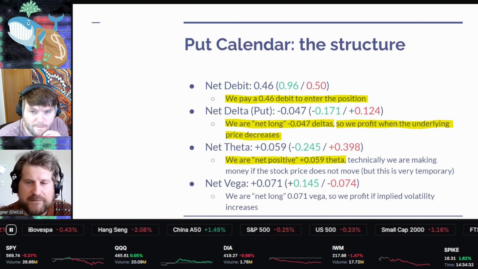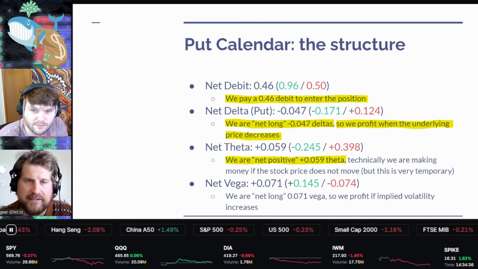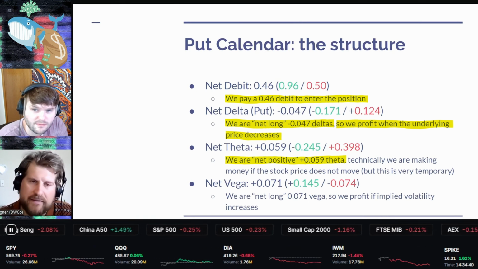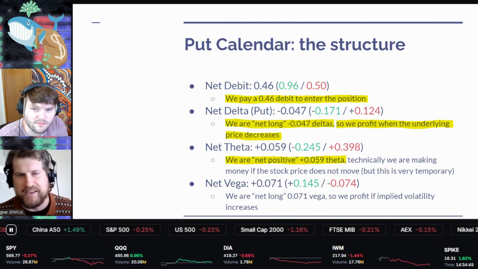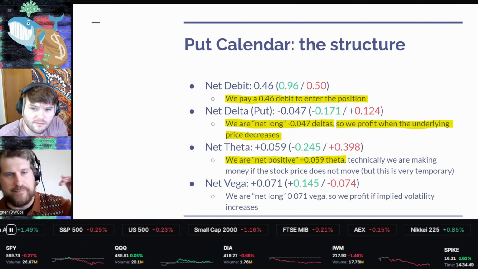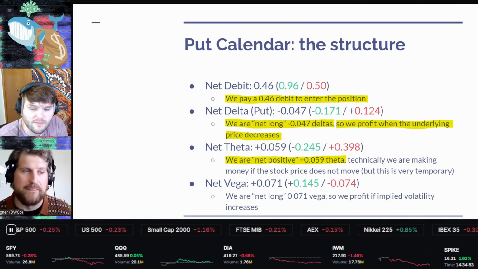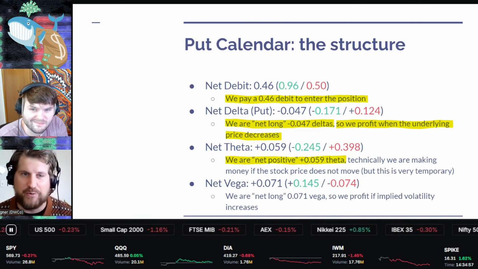This $46 you outlay to buy one of these put calendars could easily go to like $1.50 or $2, something like that. I would need to review the PnL graph exactly, but it could easily go and make multiples on what the debit paid was. But again, that's why calendars are really cool, right?